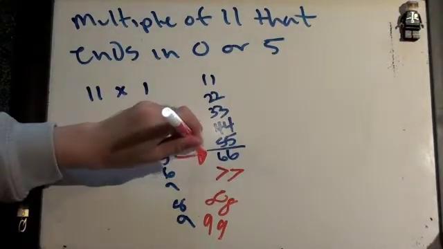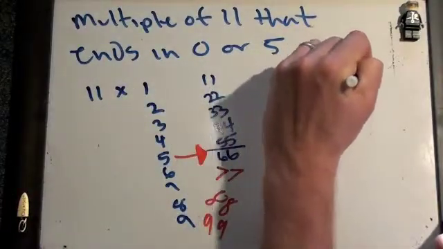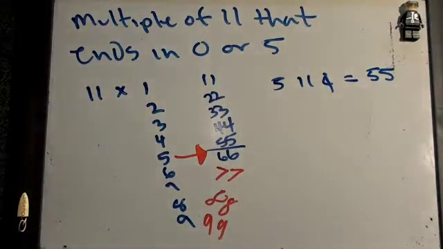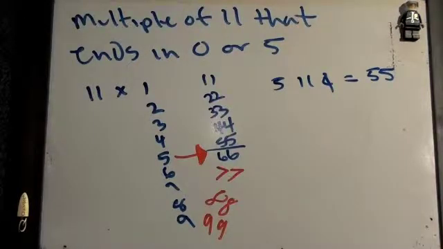So we bought 5 11-cent toys. How did you figure that out?